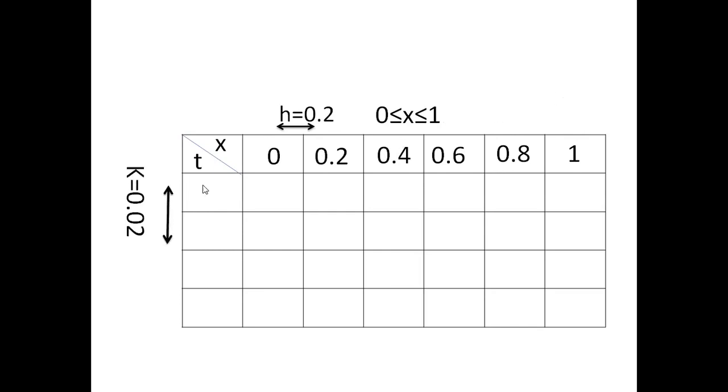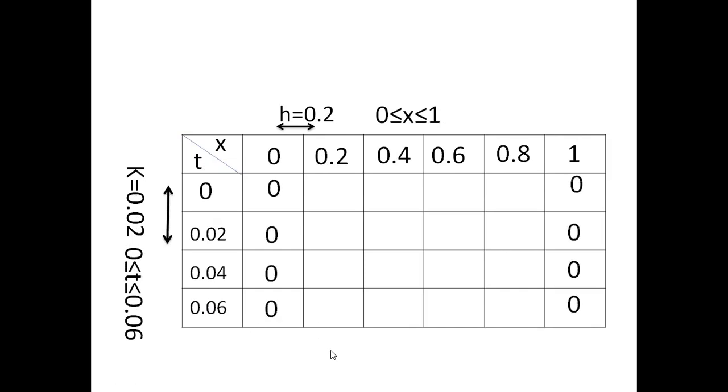After that, along this direction, k is the step size along t, which is equal to 0.02, and the range starts from 0, then 0.02, 0.04 and up to 0.06. Yes.